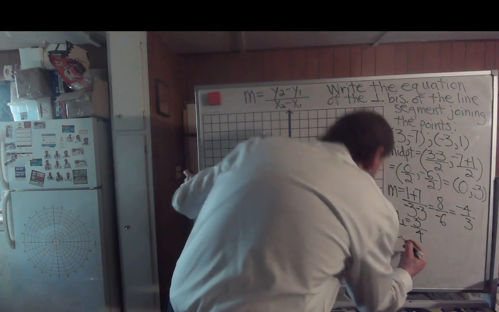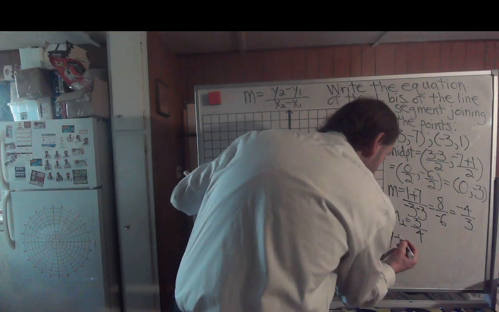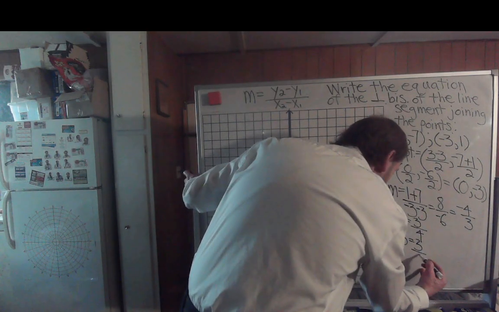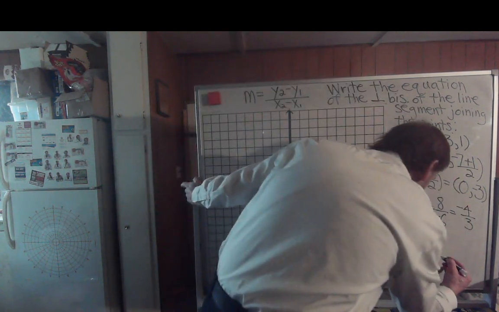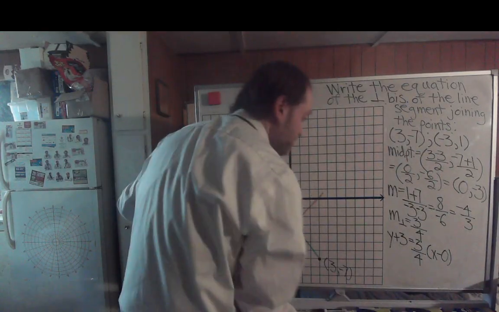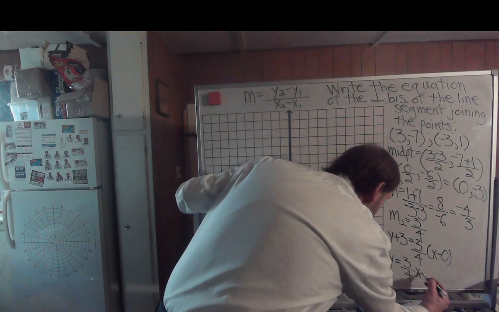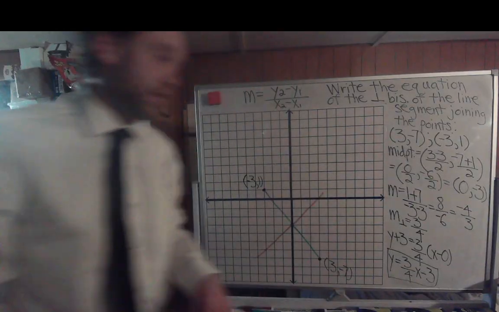So take your y minus the y coordinate of the midpoint. Y minus -3 would actually turn into y plus 3 equals 3/4 times x minus x1 of 0. This won't be bad at all. This would literally just be y equals 3/4 x minus 3. That would be the equation of the perpendicular bisector to the line segment that joins these 2 points.